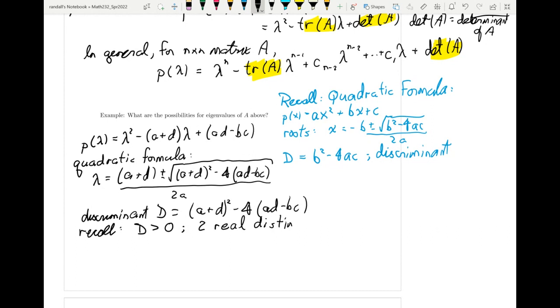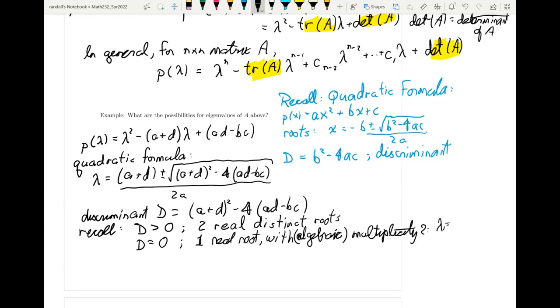When D is 0, there's one real root with multiplicity 2. And I should write here algebraic in brackets, because that's what we introduced last term, algebraic multiplicity. This is what I mean here.